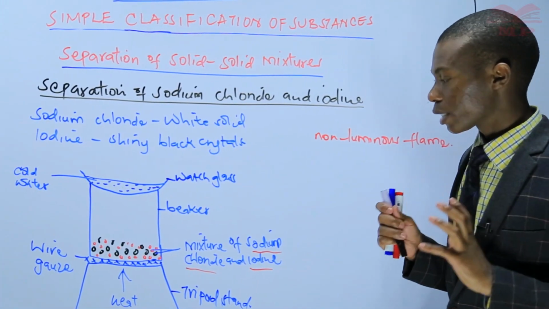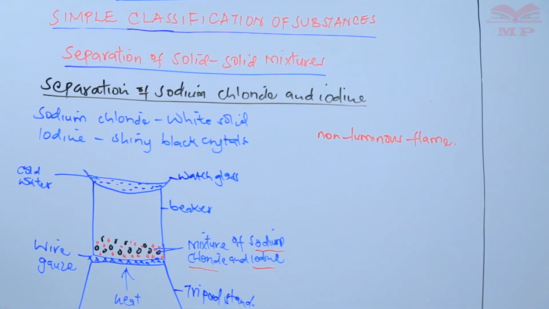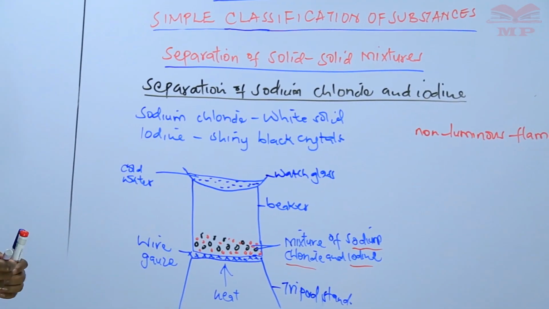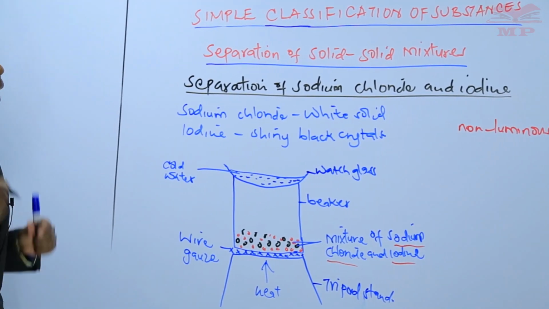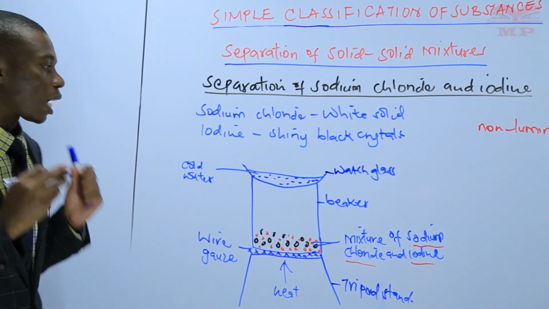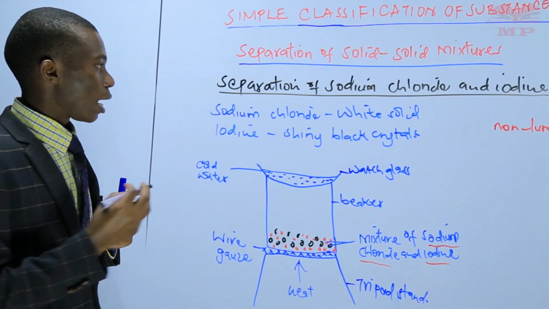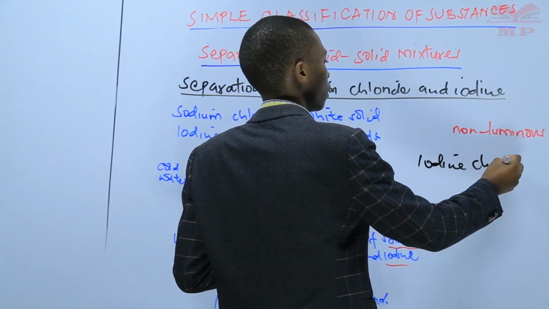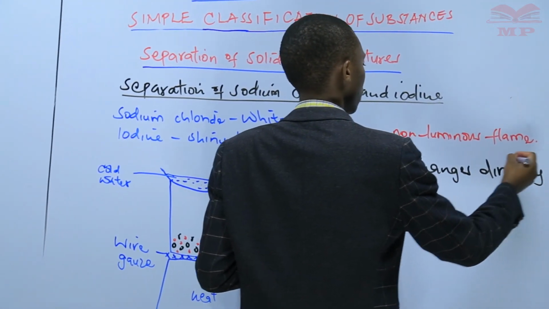Therefore, what we expect to happen is, when you heat a mixture of sodium chloride and iodine, iodine is going to turn into a gas. Iodine changes directly into vapor.